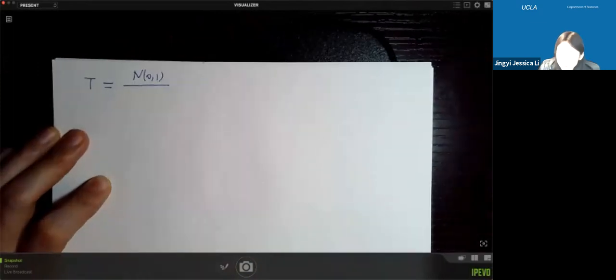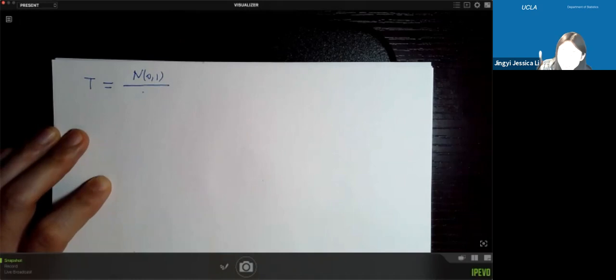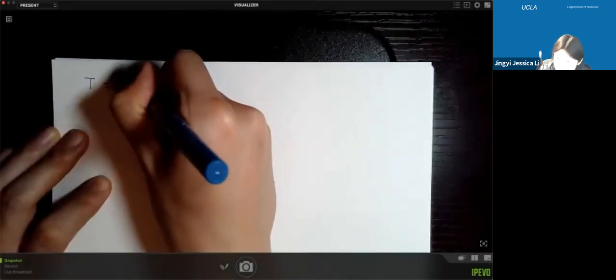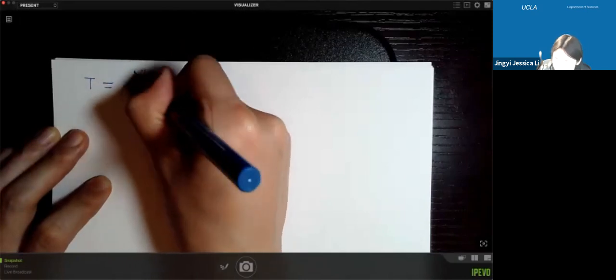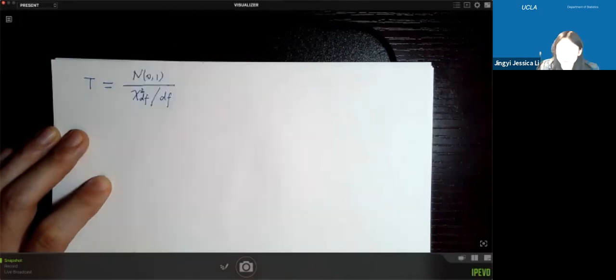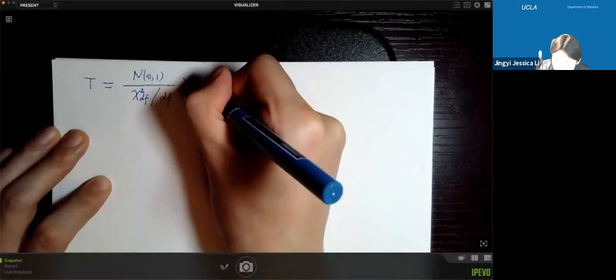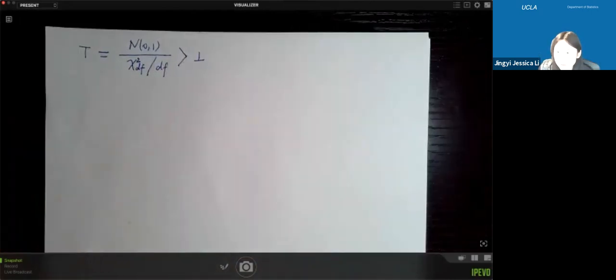And in the denominator, it must be some chi-square random variable with some degrees of freedom, I'll call it df, divided by that degree of freedom. Furthermore, it requires the numerator and denominator to be independent of each other. So you need those three components to construct a t-statistic.